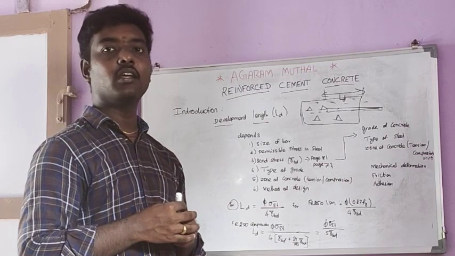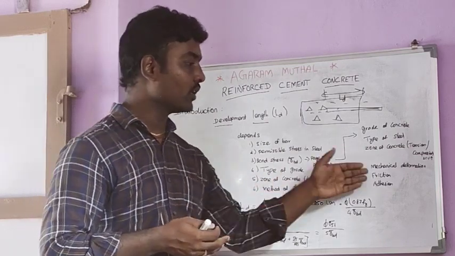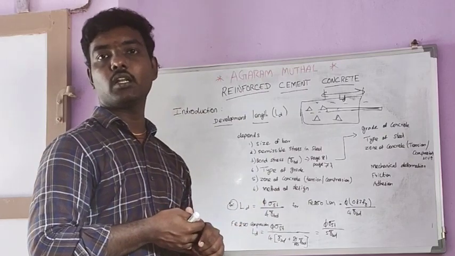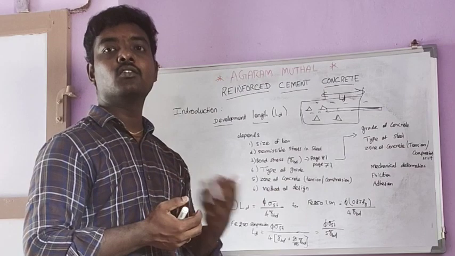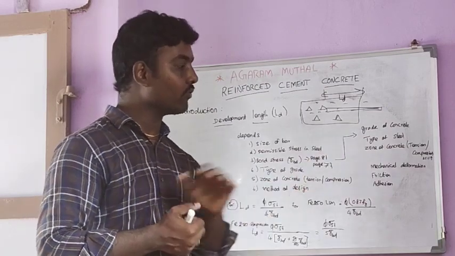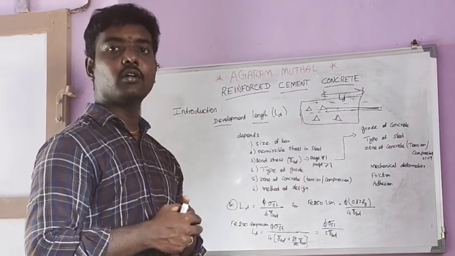Based on that, we calculate the bond stress, the friction between the steel and the concrete, and the adhesion, how much binding there is between the steel and concrete. All these six factors are taken care of in bond stress.